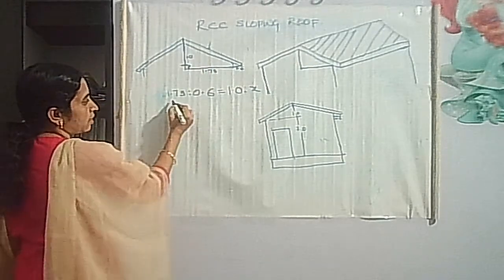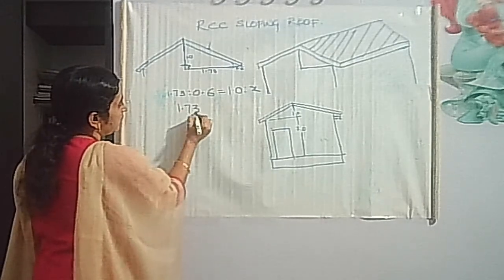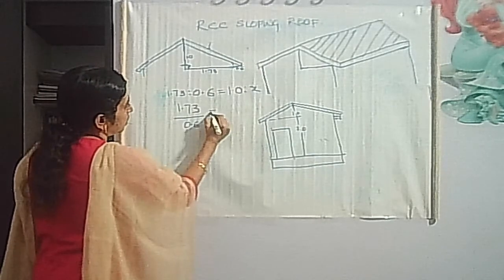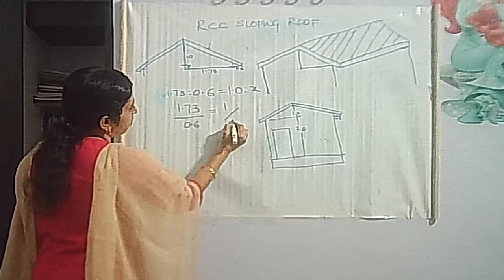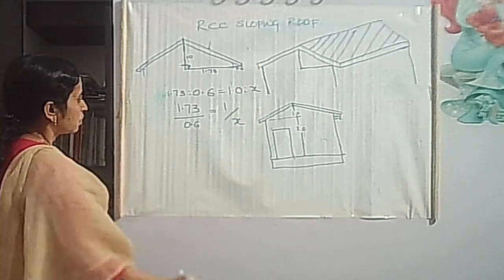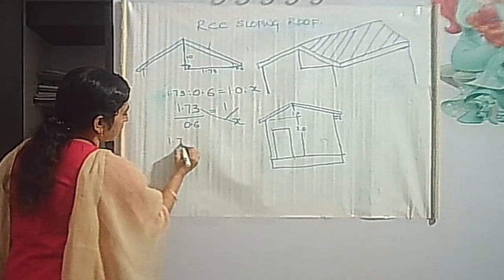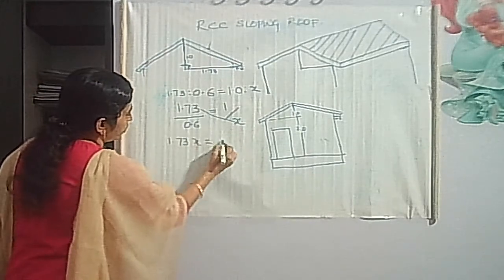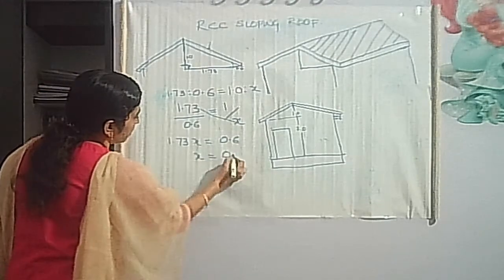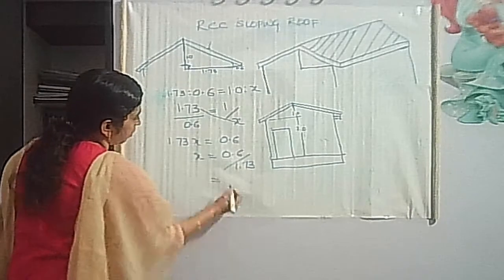So, by the method of ratios, what we will do is 1.73 divided by 0.6, since it is a ratio, this is equal to 1 divided by x. Okay. So, I will just take this to the numerator. 1.73x is equal to 0.6. So, x is equal to 0.6 divided by 1.73.